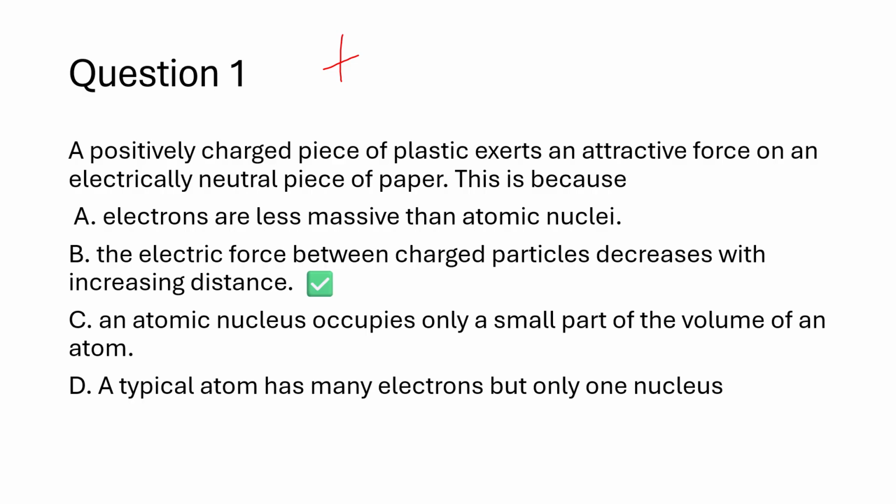So the positively charged piece of plastic can actually polarize the piece of paper. In doing so, the negative charges will be closer to the positively charged piece of plastic, while the positive charges will be further from the positively charged piece of plastic within the same paper.